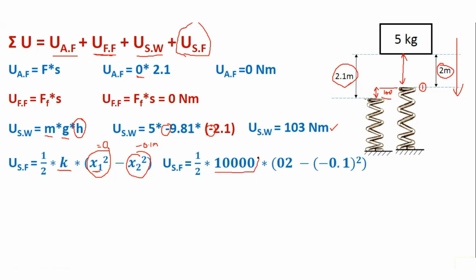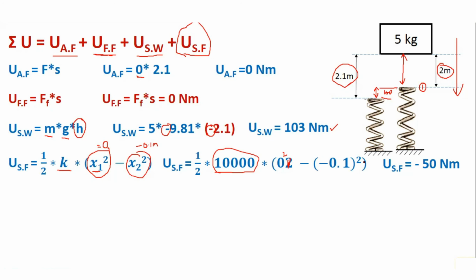You can see I have converted into Newton meters, this is 0 square minus of x2 we have found out, minus 0.1 the whole square. On solving this I will get answer as minus 50 Newton meter. So with this we have completed finding out the various work done on the body.